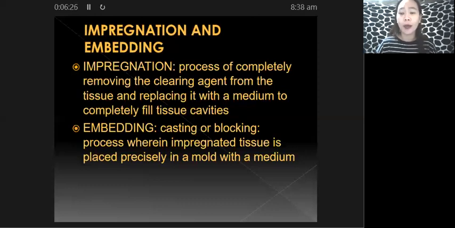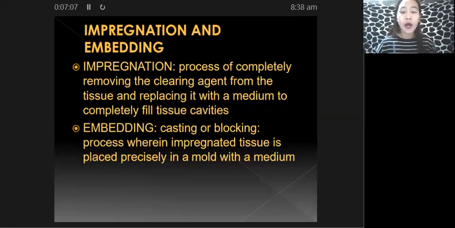In which vegetable are you able to cut thin slices? It's easier to cut thin slices of your carrots as compared to your tomatoes, because your carrot has a firmer consistency. This is basically the purpose of impregnation. It allows us to cut and handle our tissue samples easily, especially during sectioning.